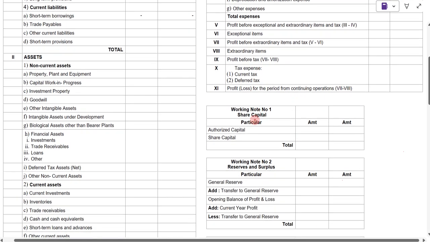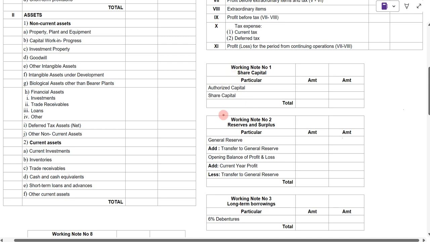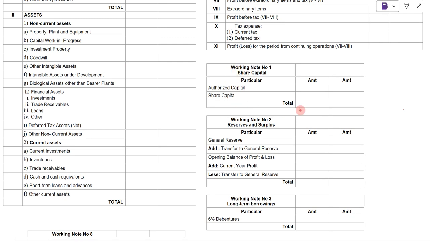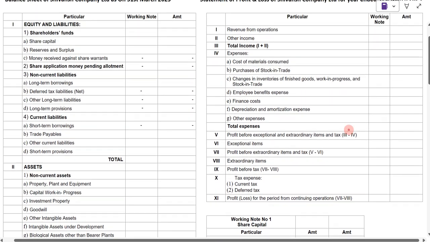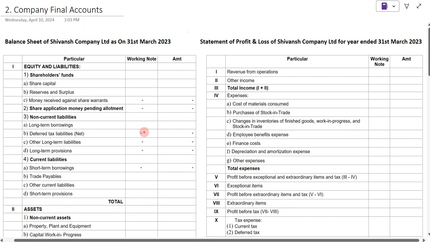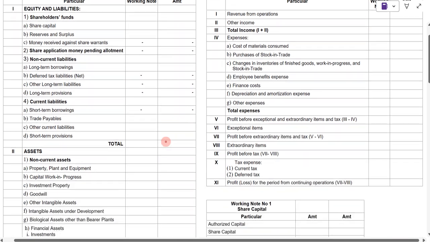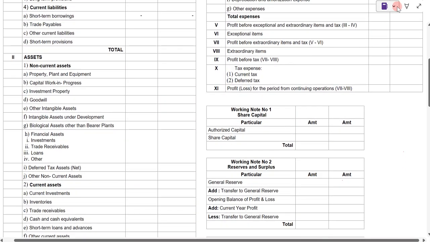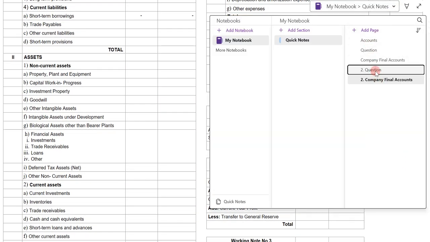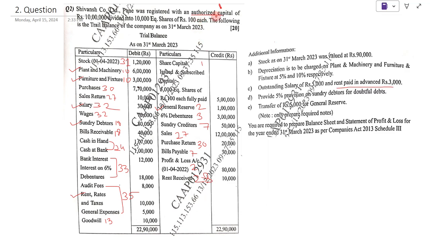Now whatever entries we are going to do, we are going to pass all these entries particularly in the working note, and then the final total we are going to write in the profit and loss account and in the balance sheet. Now the first entry we will write is the authorized capital.